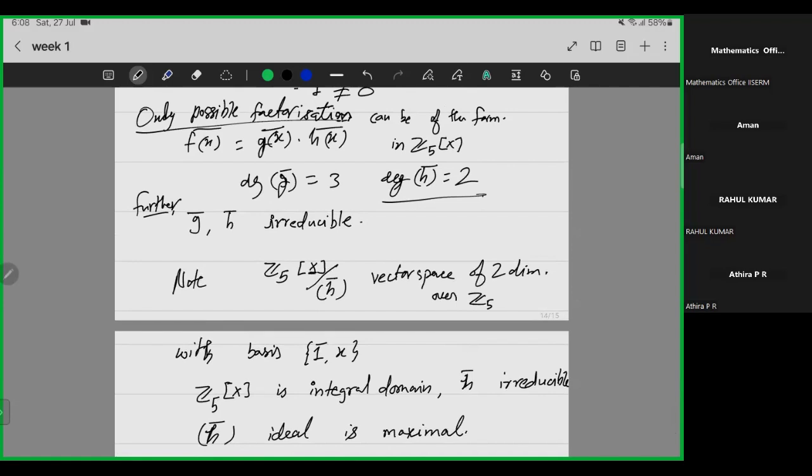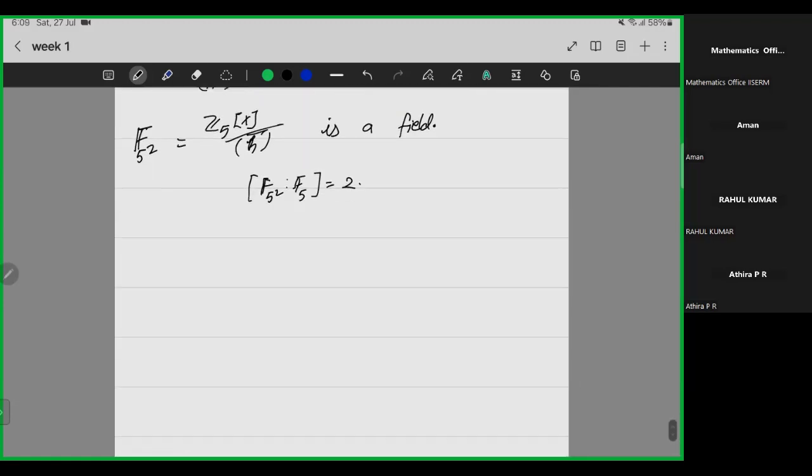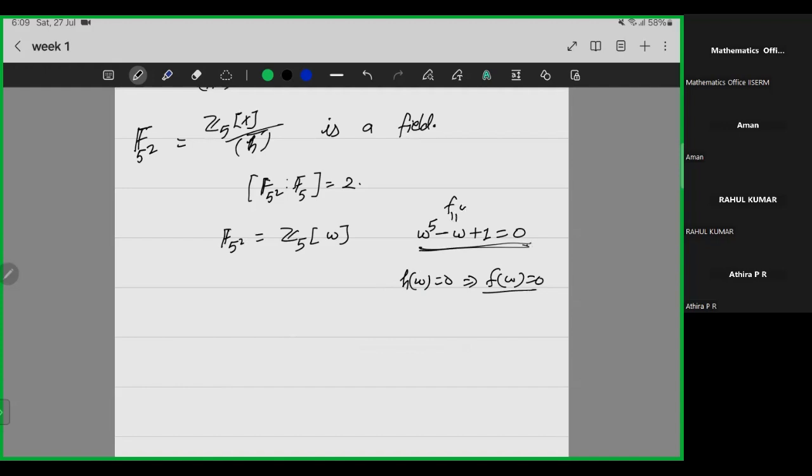In this extended field F25, this can be written as Z5 adjoined with some element omega, which satisfies omega power 5 minus omega plus 1 is equal to 0. This is our given polynomial f. Something which satisfies h, because h of omega is 0 anyway, will imply f of omega is also 0. That is what is written here. This is nothing but f of omega.